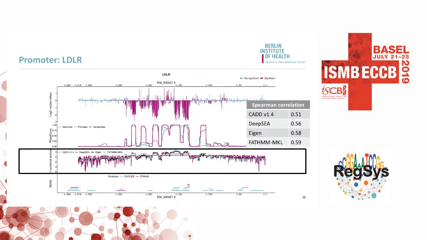The same thing happens for the functional scores. We have here the best correlation of all of the elements, going up to 0.59, so about 0.6 Spearman correlation. But I have to tell you that all of them use conservation scores in their integrative score, so they align well with conservation. They basically predict on conservation, so that's why they are pretty good in this case.